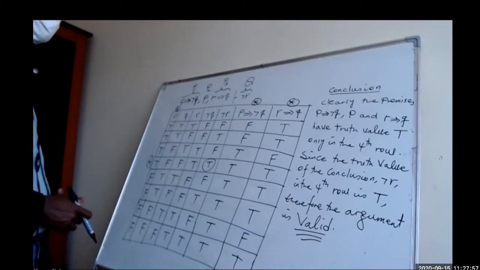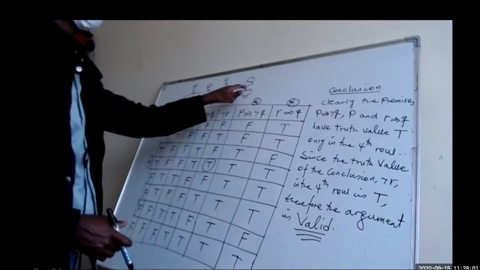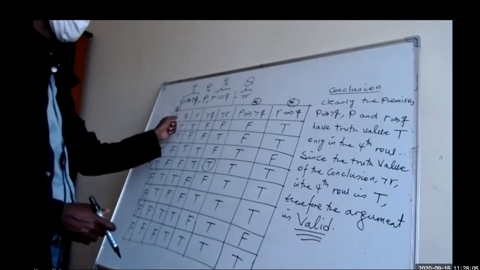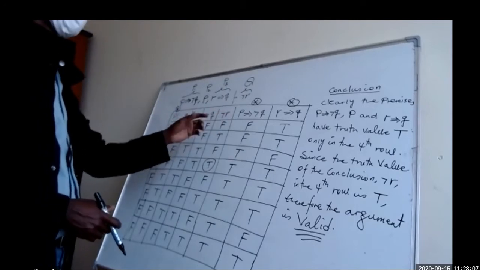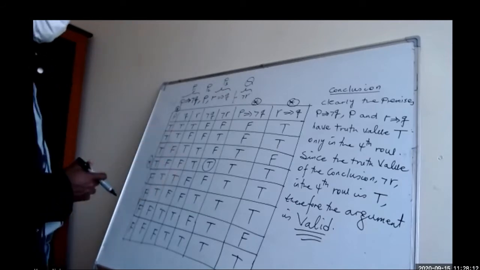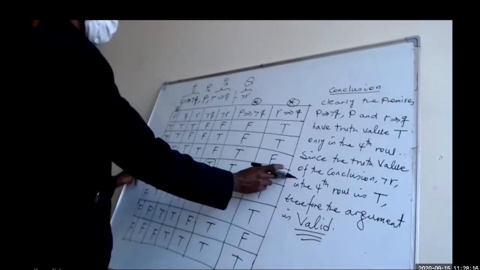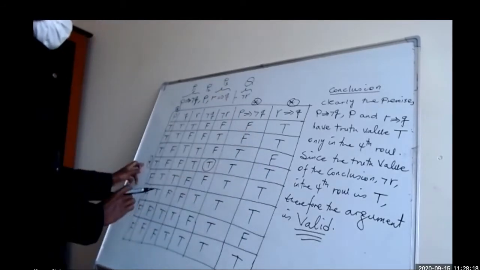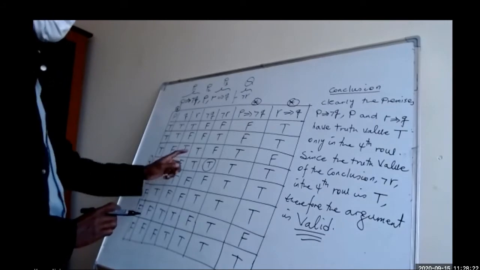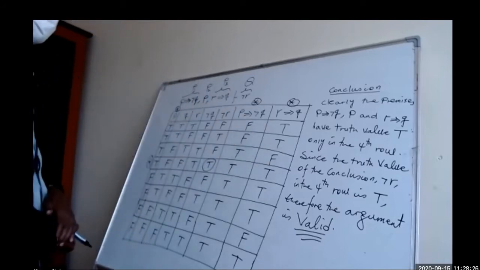the premises have only truth value true. So the next step is what is the truth value of the conclusion, negation of R. As you know, negation of R is found in the 5th column. So according to the premises truth value, we have identified the 4th row. So the 5th column has truth value true in the 4th row.